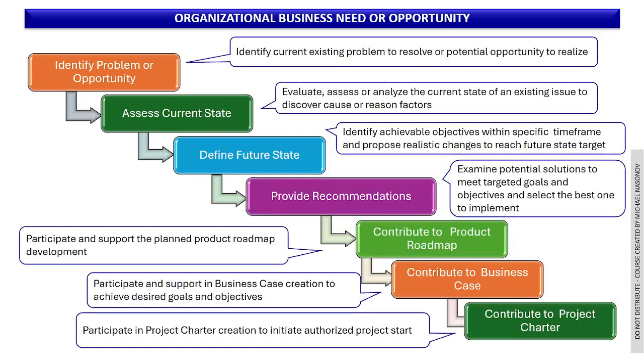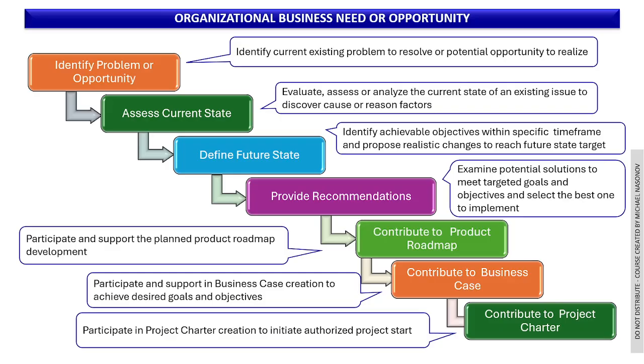Identify problem or opportunity: identify a current existing problem to resolve or a potential opportunity to realize. Assess current state: evaluate, assess, or analyze the current state of an existing issue to discover cause or reason factors.